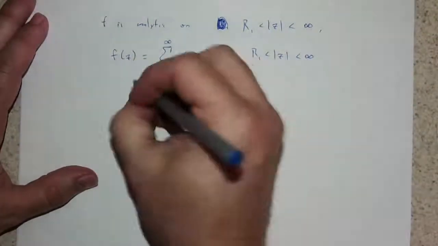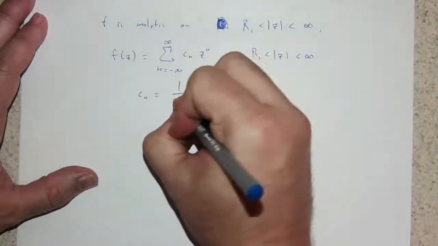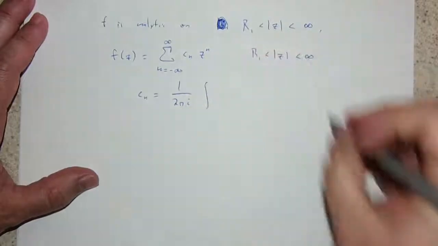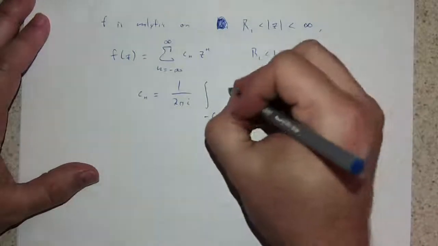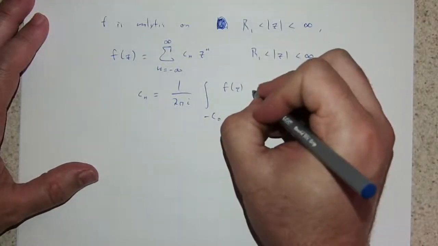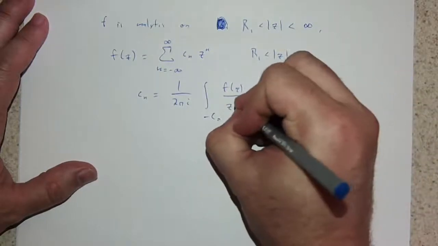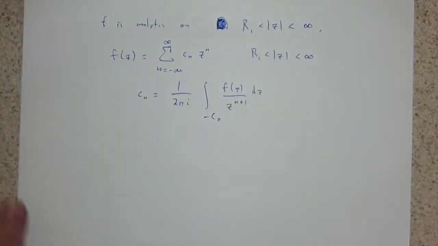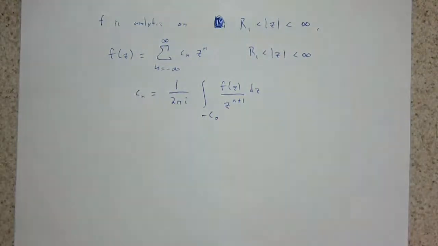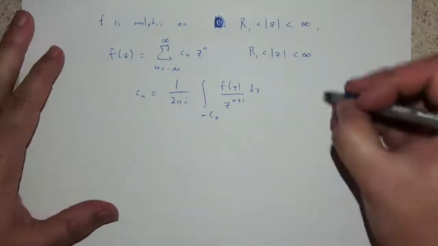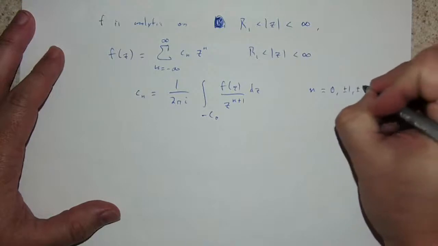Where, of course, by Laurent's theorem, the c sub n's can be computed in the usual way as 1 over 2 pi i times the integral over, say, minus C0 of f(z) dz over z to the n plus 1 here, where n is taken to be any integer value. So n is 0, plus or minus 1, plus or minus 2, and so on. Okay.